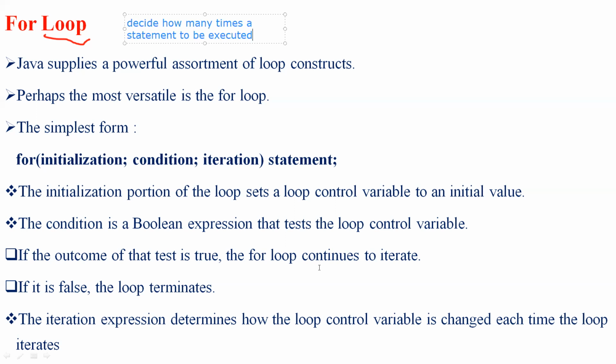The syntax, or simple form, of a for loop is: for (initialization; condition; iteration) statement. The initialization part of a loop sets a loop control variable to an initial value.